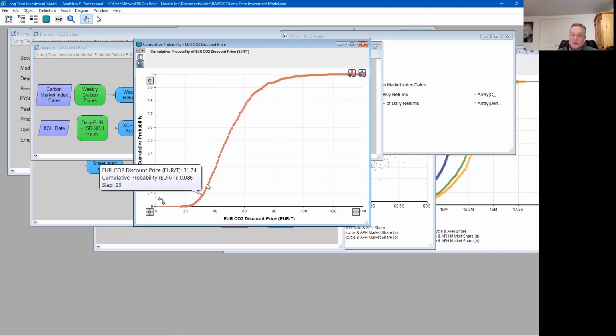So the 80th percentile estimate of the value of carbon to the market, that is the cost of reducing that CO2, is somewhere between $30 or $32 and $70 per ton, with a central tendency somewhere in this $50 range or €50 range.